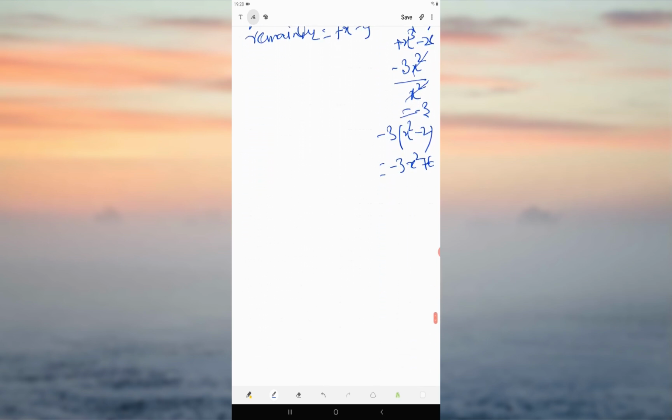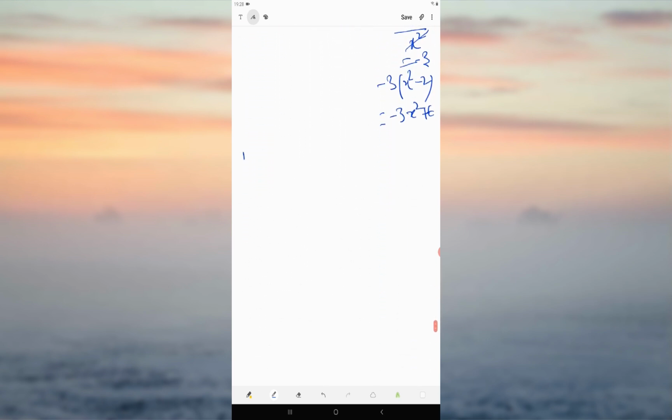Okay, let's move on to the second problem. So the second problem: p(x) equals x to the power 4 minus 3x square plus 4x plus 5. Okay.